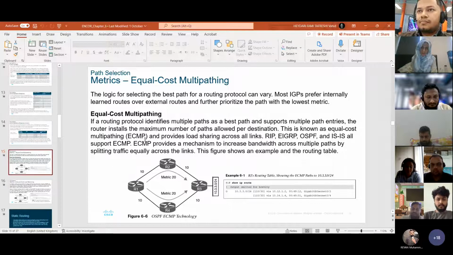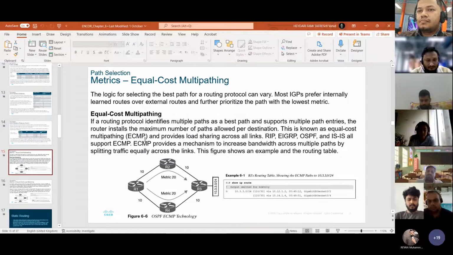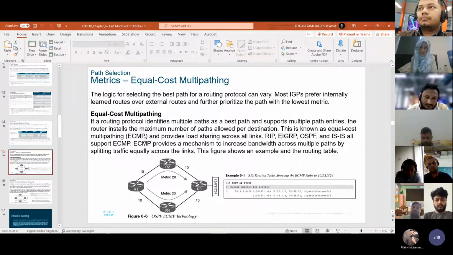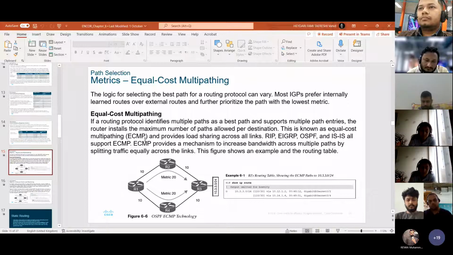For IGPs, they always prefer, of course, the internally learned routes over external routes. And the way that they do it is, in fact, by using lower metrics, because lower metrics for IGP protocols are preferred. Remember the 3 rules that I told you? One of them was about AD, another one was about metric.